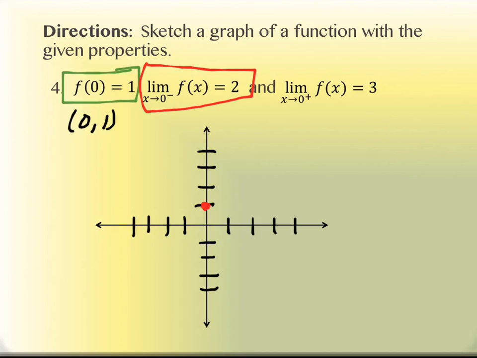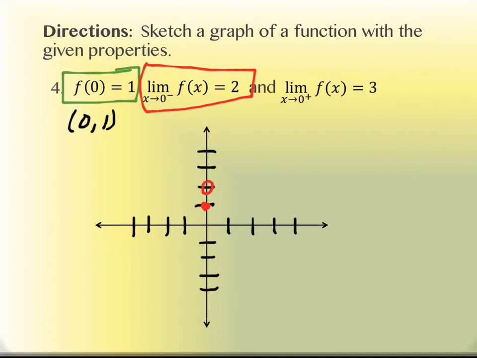So I'm starting somewhere over here, over there, and I'm supposed to be getting close to the x value of 0. So I'm moving from this way over to the x value of 0, but what value am I supposed to be getting close to? 2. So I'm supposed to be getting close to here, right? But here's where you've got freedom to do what you like. You can draw anything before that circle as long as you end up at the circle when you get close to x equals 0.